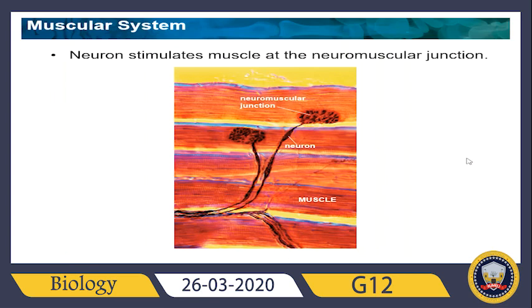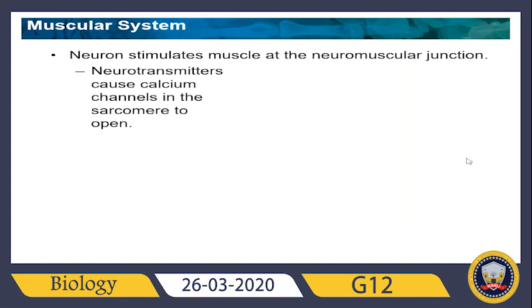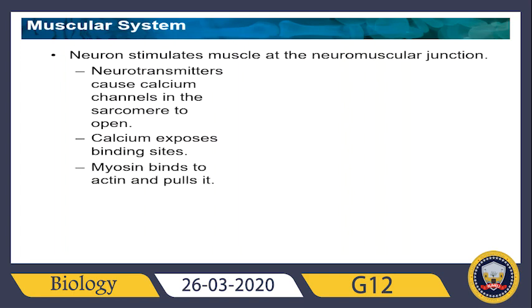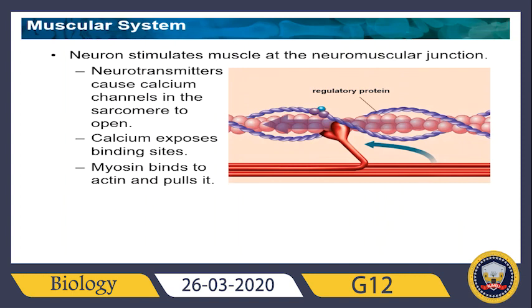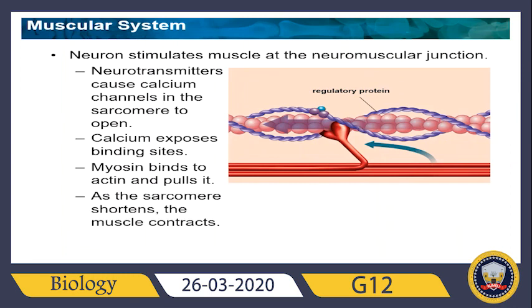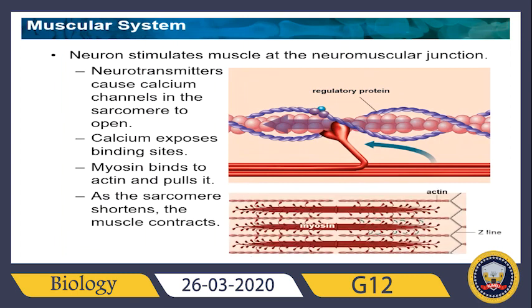Now, neurotransmitters cause calcium channels in the sarcomere to open. The calcium exposes binding sites. Myosin binds to actin and pulls it. This is how. So this is the actin, guys. This is the junction. Let's see it. As the sarcomere shortens, the muscle contracts.